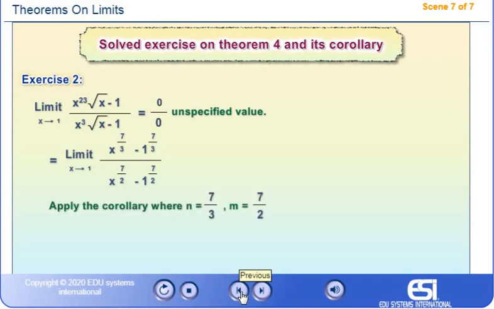Apply the corollary of theorem 4, where n equals 7 over 3 and m equals 7 over 2. The answer equals 7 over 3 divided by 7 over 2 times 1 power 7 over 3 minus 7 over 2, equals 2 over 3.